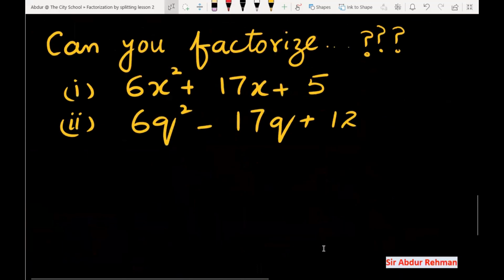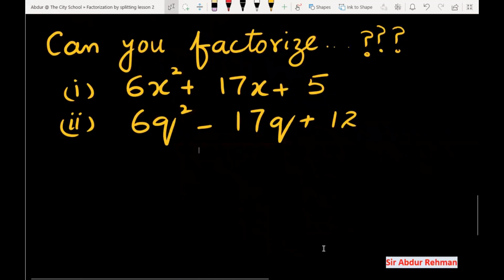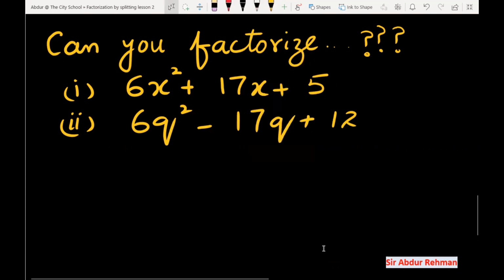Now, the question is, can you factorize 6x square plus 17x plus 5, when the first term has a coefficient which is 6? Or can you factorize 6q square minus 17q plus 12? If you factorize these two expressions, you can check your solution in the upcoming video of lesson number 3.